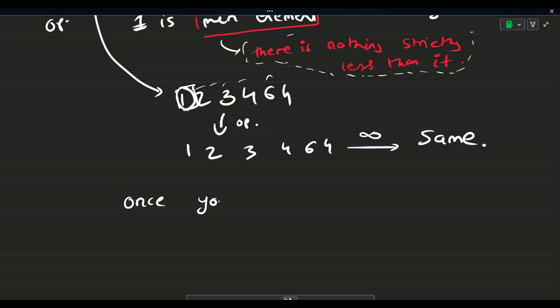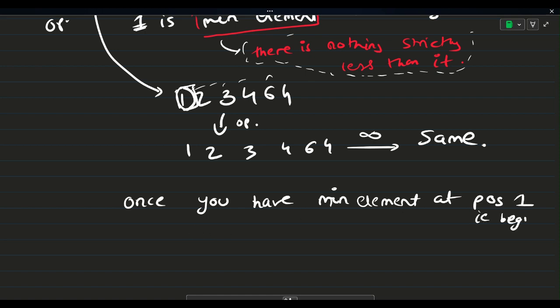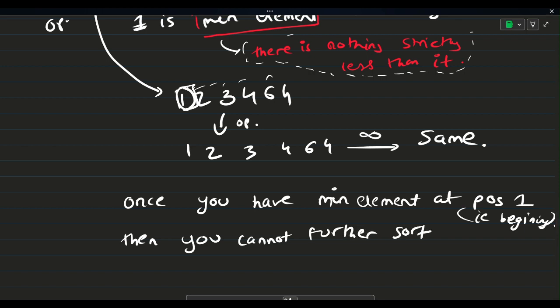Once you have the minimum element at position 1, that is the beginning, you cannot further sort the array using operations.